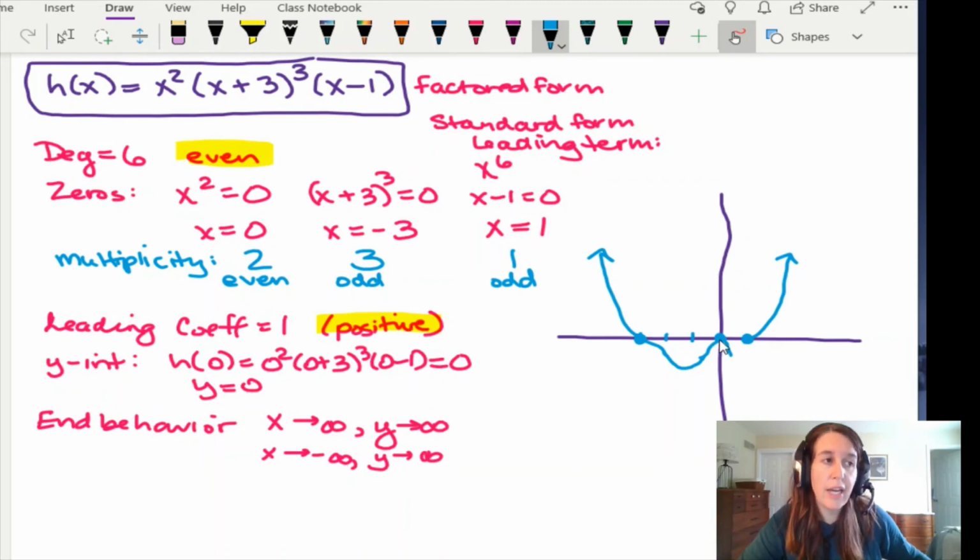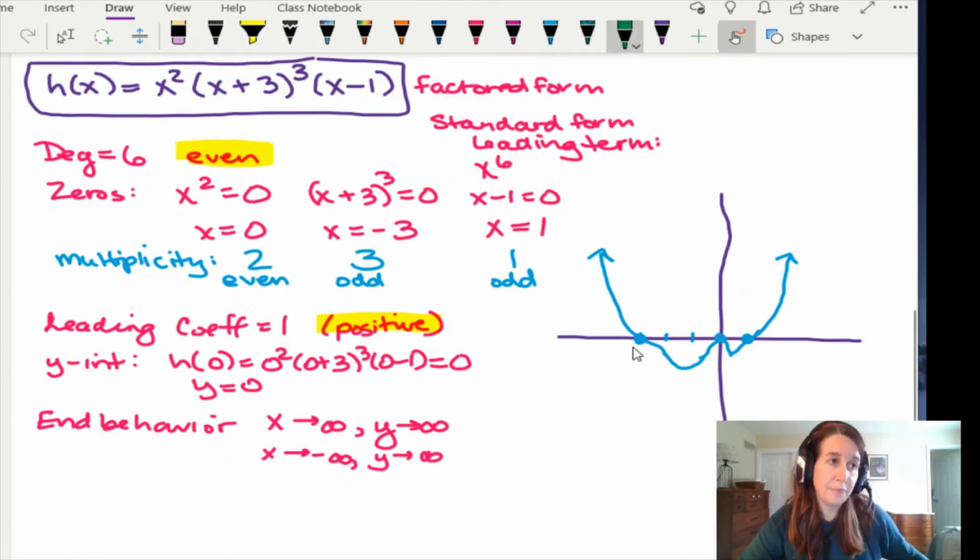So that's why it just touches the axis at the zero and doesn't pass through. Then finally we have a zero at x equals 1, and that's odd and it's linear. So that one just goes right through, just like a line would pass through there. So that's what our graph ends up looking like.